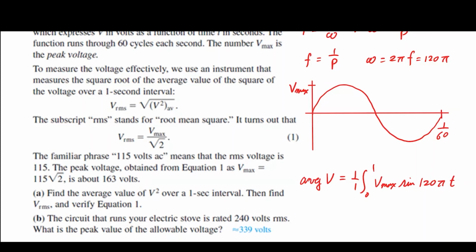Do you see this? What is the problem if we do this? Guess what we are going to get as an average value? 0. We get 0. Why is that? Well, half of the time this is negative, and this area is exactly the same as that area, so they cancel. Of course, that's a useless average, isn't it?